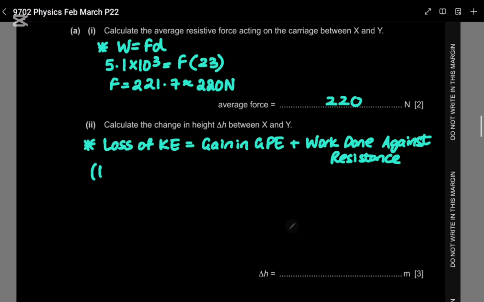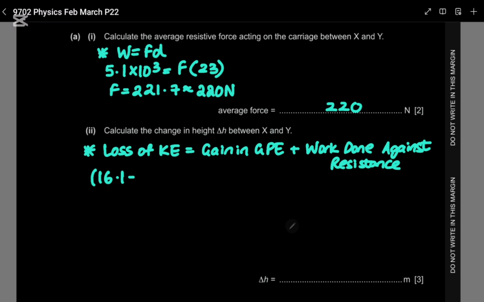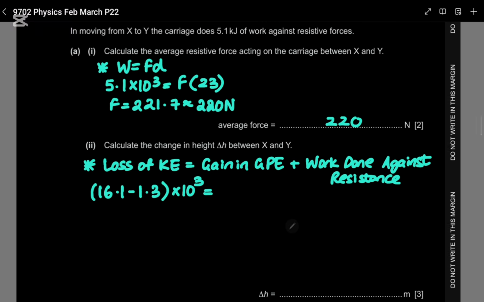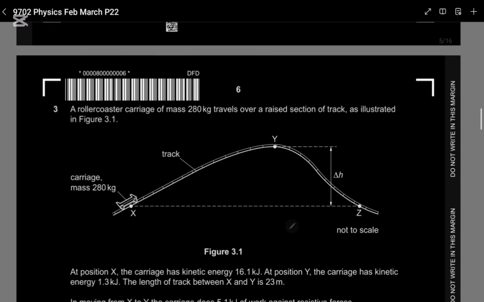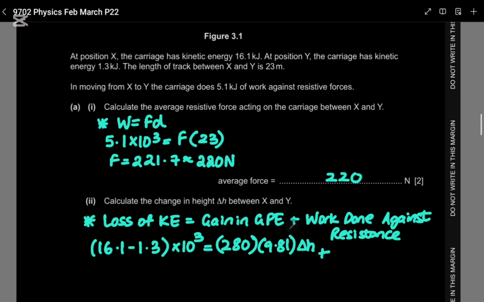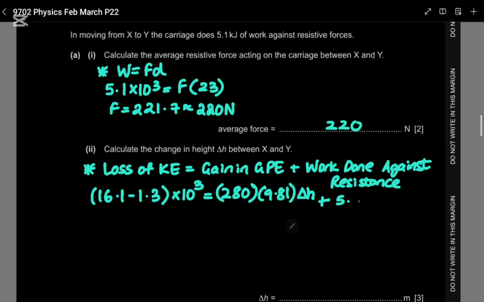So (16.1 minus 1.3) times 10 to the power of 3 is equal to the gain in GPE, which is mass 280 kg, into g, 9.81, into delta H, which we have to find, plus the work done against resistance, which is 5.1 times 10 to the power of 3.